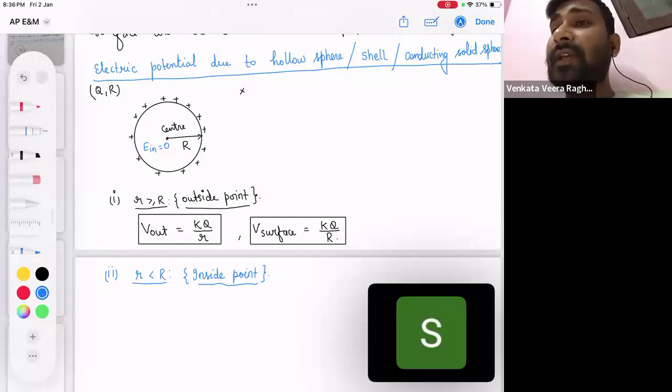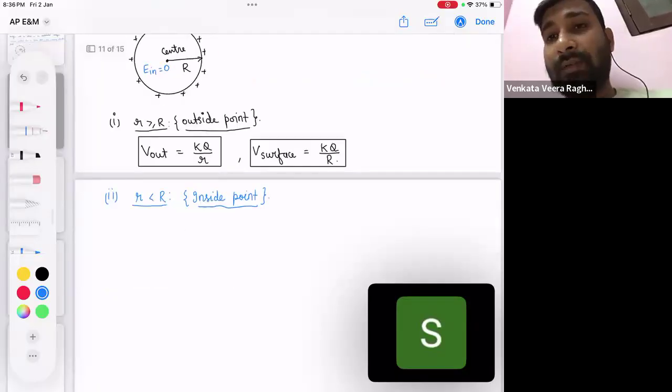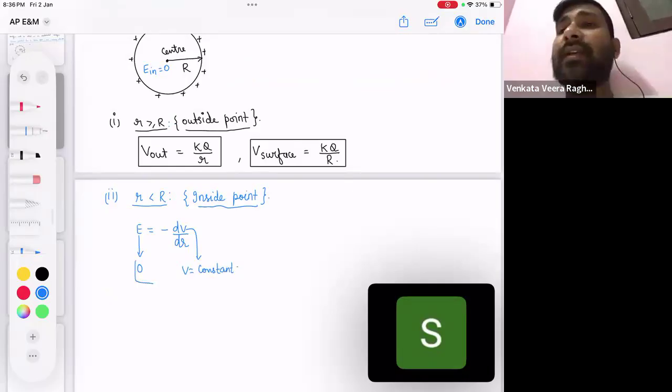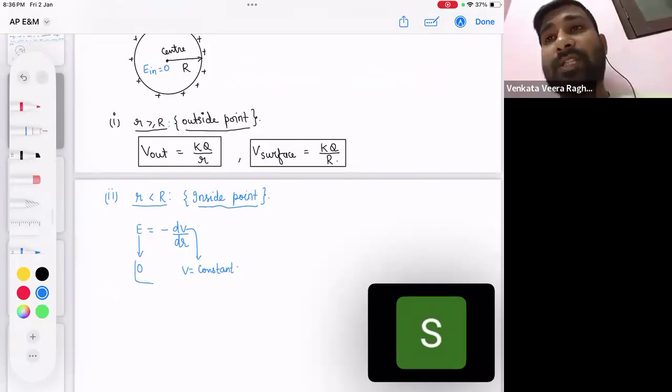Now what does field 0 mean? We have field equal to minus dV by dr. Now what can I say about V? V will be constant, because the differentiation of a constant only comes as 0. A conducting sphere will have the same potential.